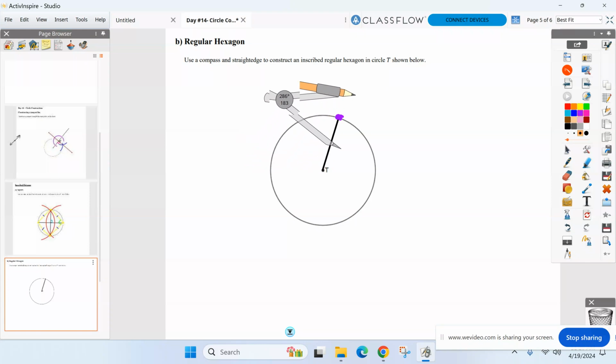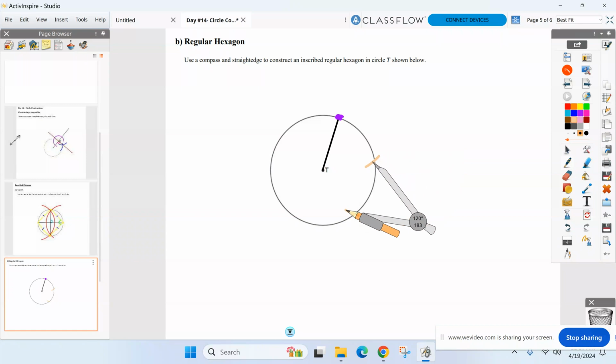So start with your compass point on where your radius intersected your circle. And here we go. Let's make our first arc that's the same length as our radius. Ready? Boom. There's one arc. Let's keep going around. Remember, we need how many congruent arcs? 6, right? So make sure we have 6 arcs that are the length of our radius.